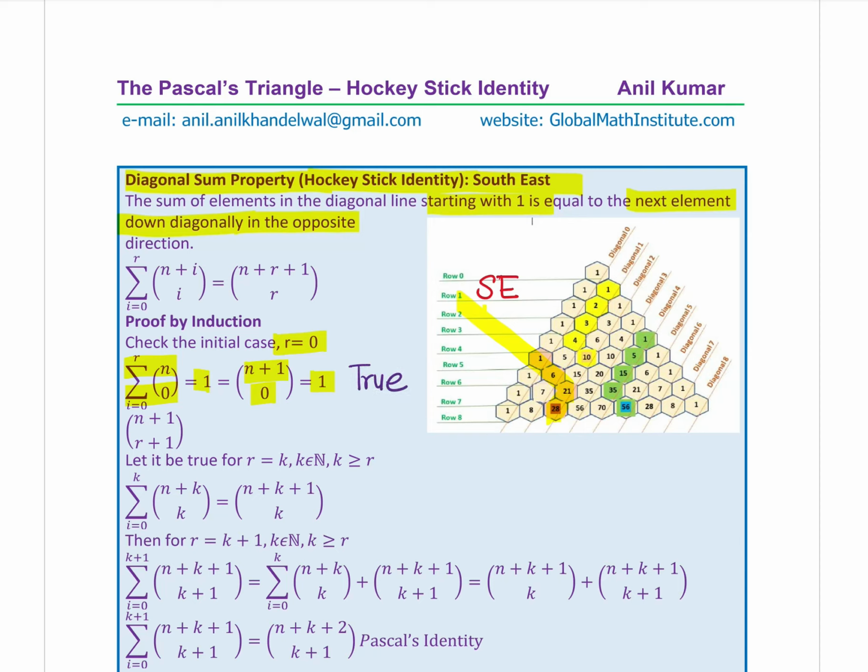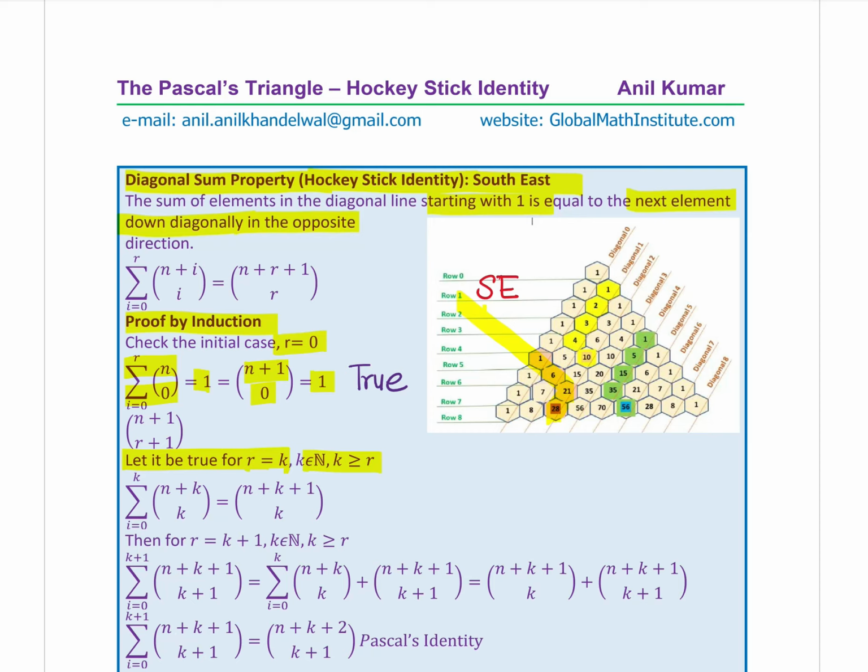Now, we will say, let it be true for a particular value, correct? That is the method to be followed for any proof by induction. So, let it be true for r equals k, where k is greater than or equal to 0.